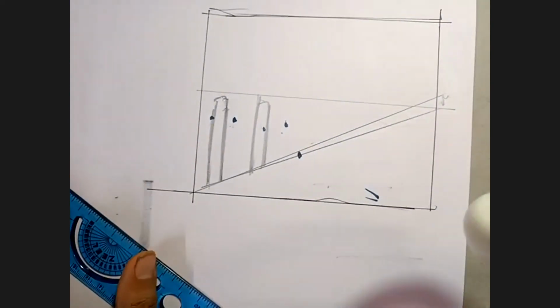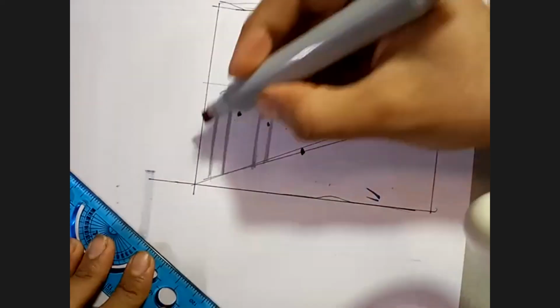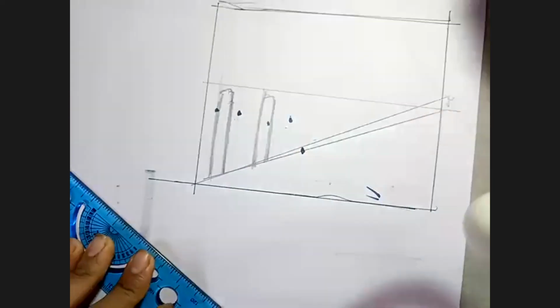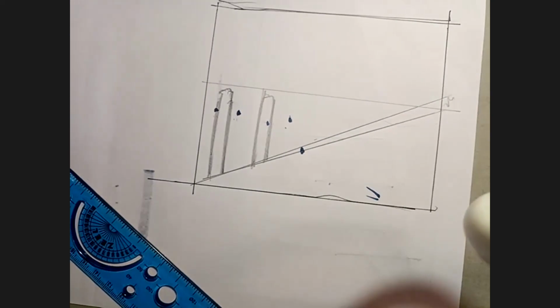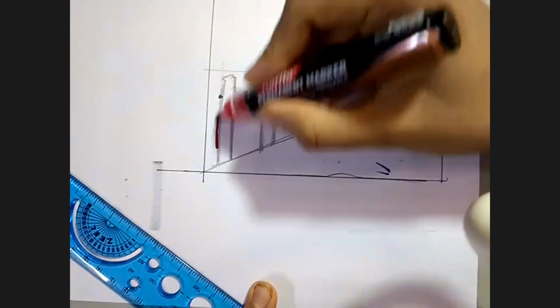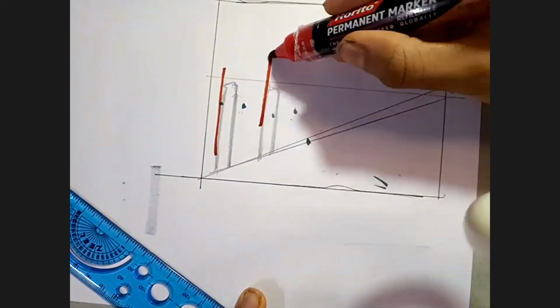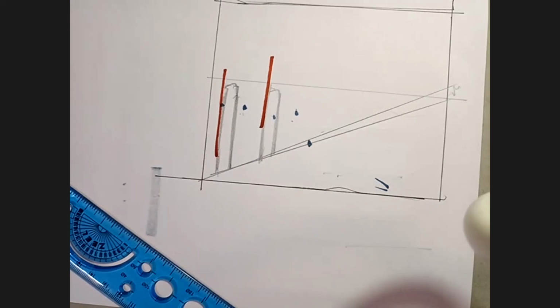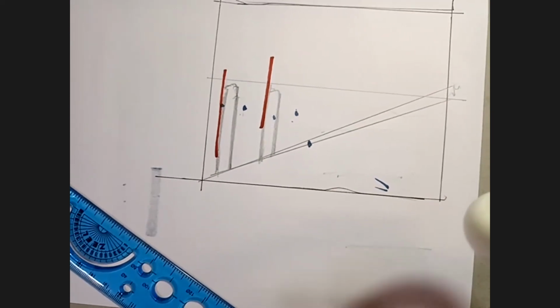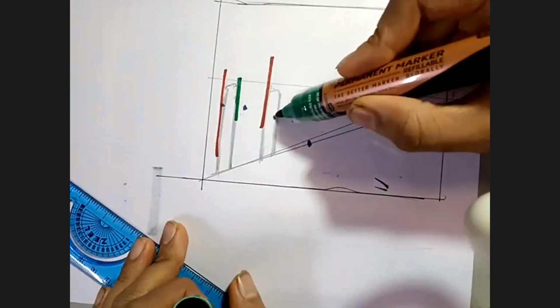And I have two sets of lines. So I have my first set of line here, and I have my second set of line here.